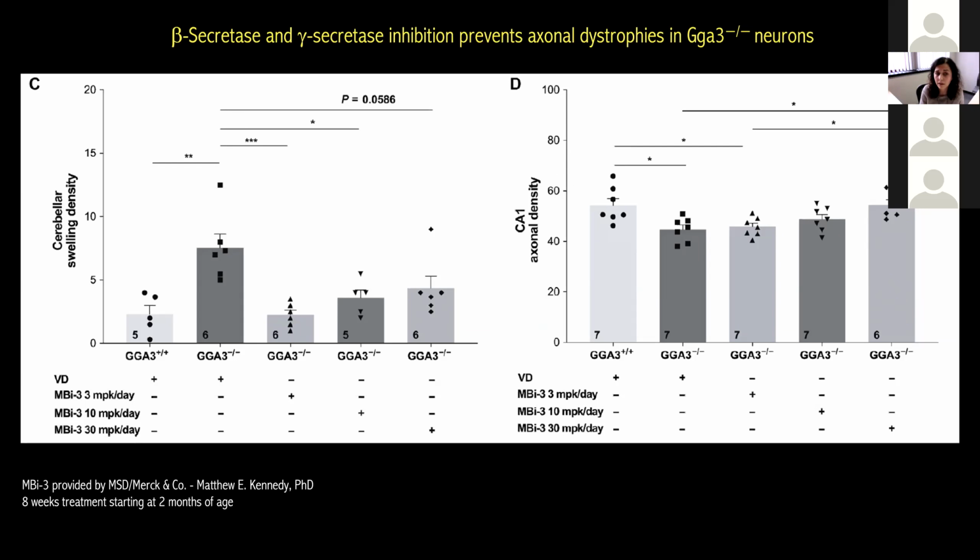And we asked the question, can BACE inhibition prevent this axonopathy that we observed before in Gga3 knockout mice? From this quantification, it's obvious that yes, BACE inhibition early in the pathology, at 2 months of age, can in fact prevent the formation of cerebellar axonal swellings, starting with the lowest dose of the treatment, 3 mpk, up to 30, while in the hippocampus, only the highest dose was able to prevent axonal degeneration and reduction of axonal density.